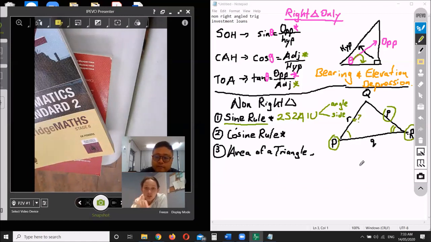We need two angles and two sides, because that includes the unknown. So you've got two angles and two sides, one of which is unknown. So that's when you use the sine rule.